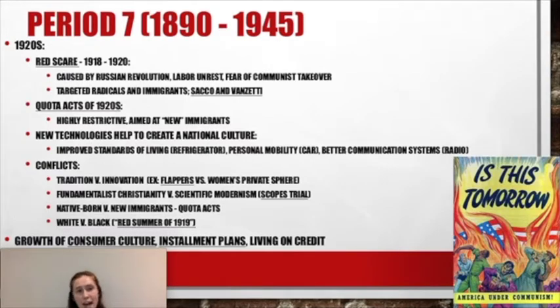And we're going to see quotas state very low numbers for these new immigrants to try to slow down immigration from the quote-unquote undesirable areas of the world, according to some nativist ideology at this time.